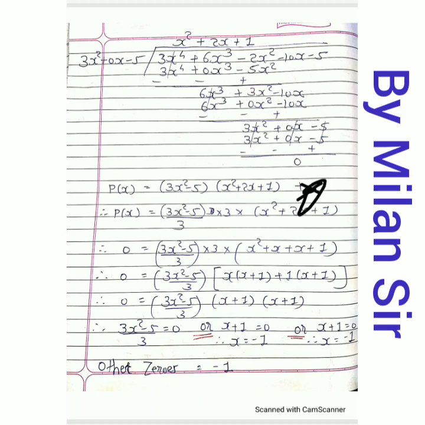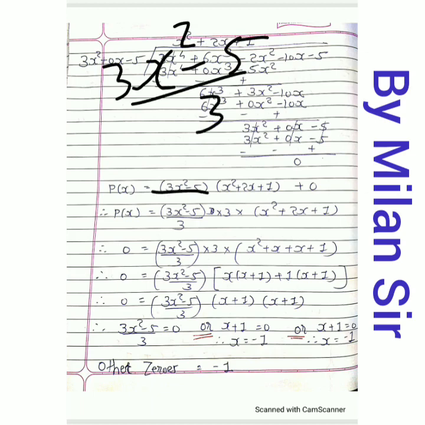Now I will explain why I did not consider 3 here. My original g of x is like this, 3x square minus 5 by 3. So here in the denominator I want 3. So what can I do? I just multiply and divide by 3. This is a single term, right?